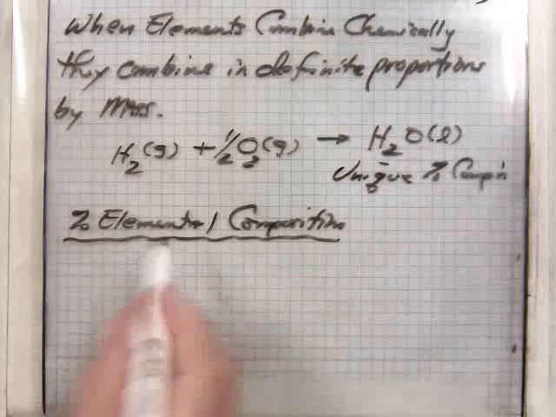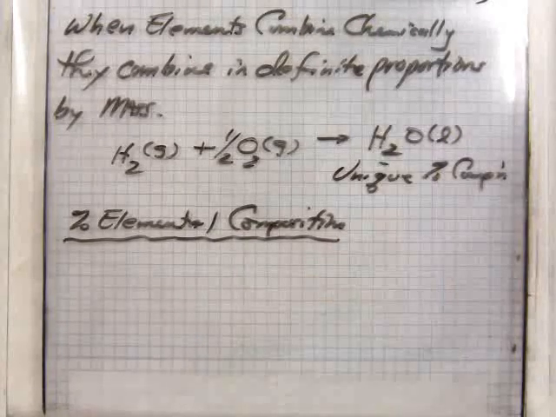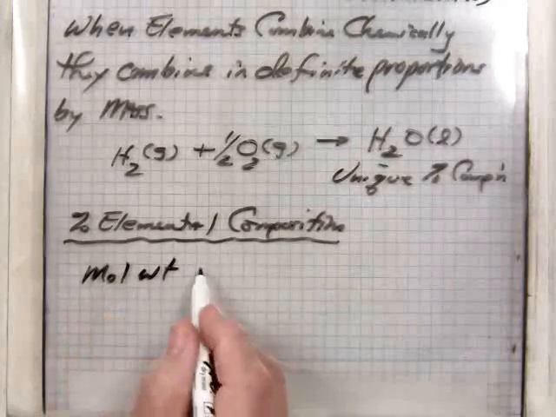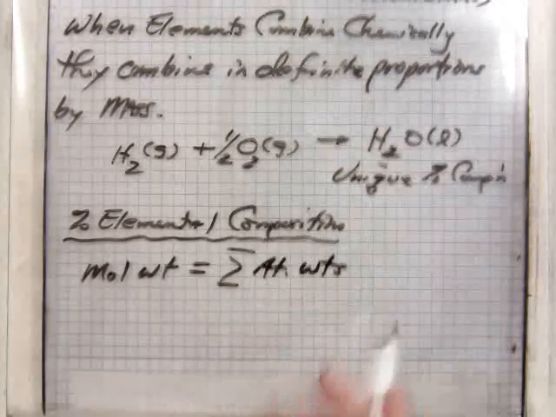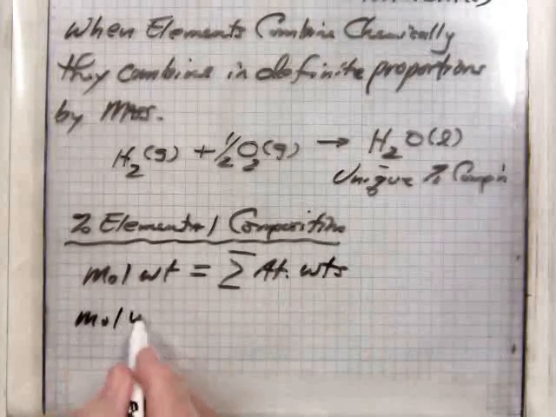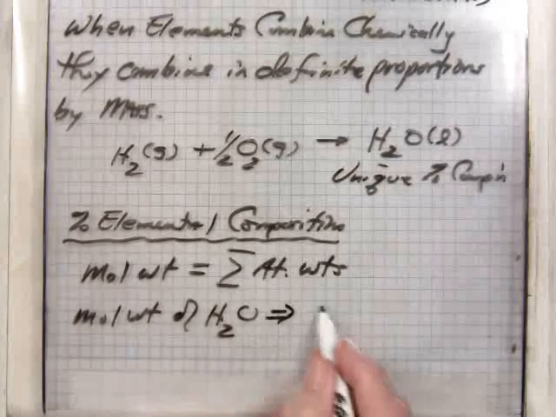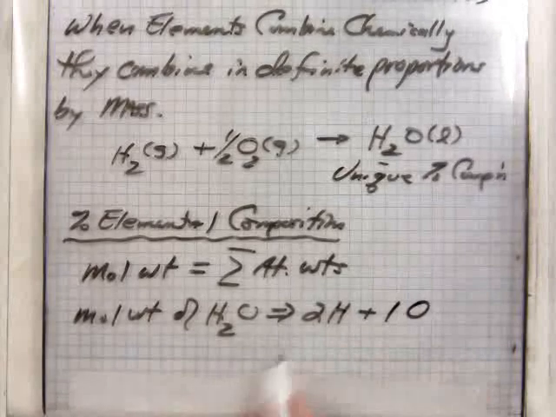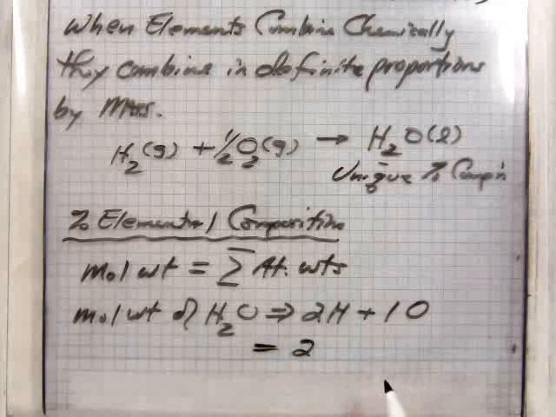Now, the way you deal with this is using the percentage of hydrogen and percentage of oxygen relative to the molecular weight. And if you know, the mole weight of a compound is equal to the sum of the atomic weights. So the mole weight of H2O will be based on two hydrogens plus one oxygen, and that is equal to, I always round them up to the nearest whole number.